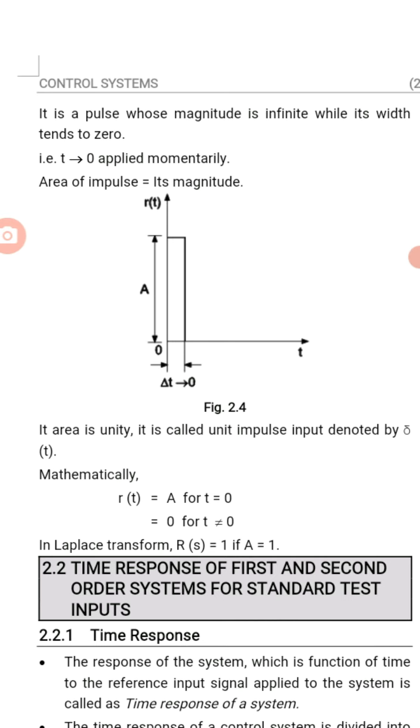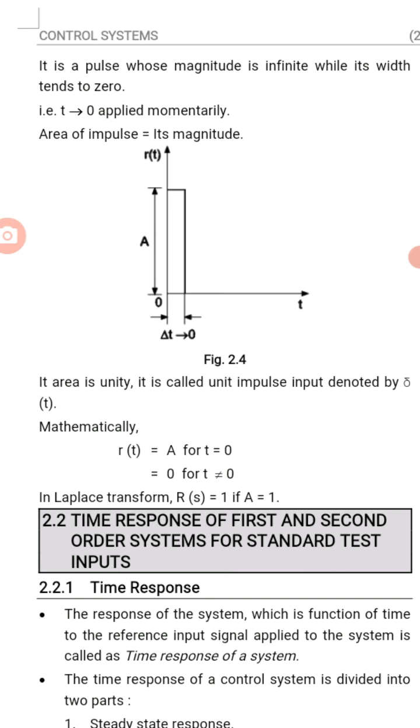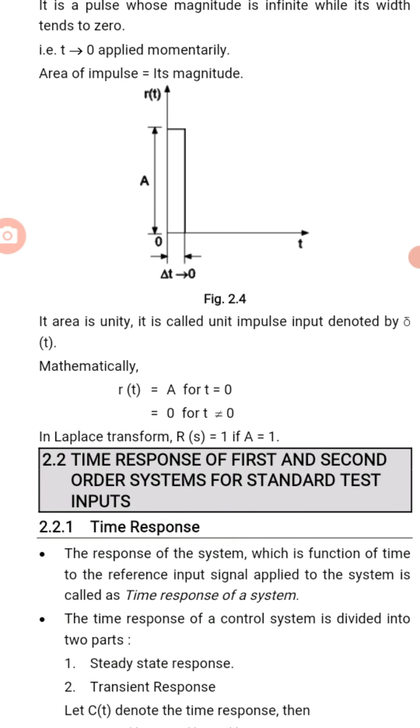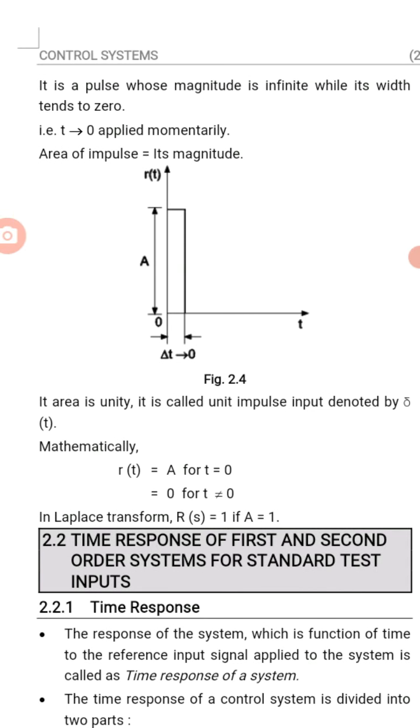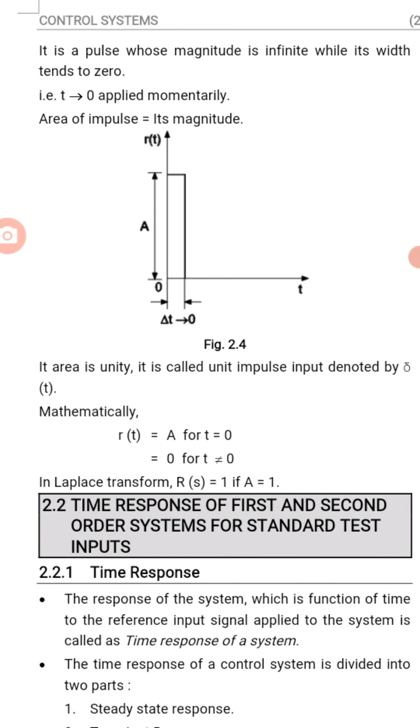Here, when t tends to 0, its value is capital A or 1, and its Laplace transform r of s is equal to 1 if capital A is equal to 1. The figure is given in 2.4. So figure 2.4 shows an impulse function.